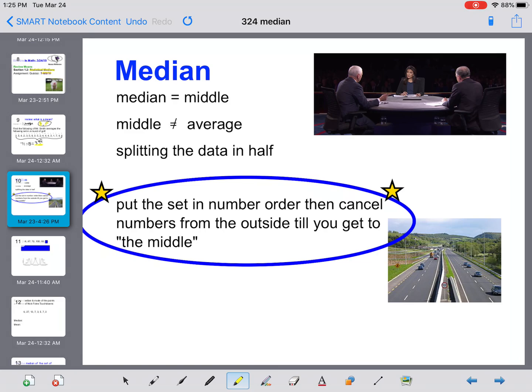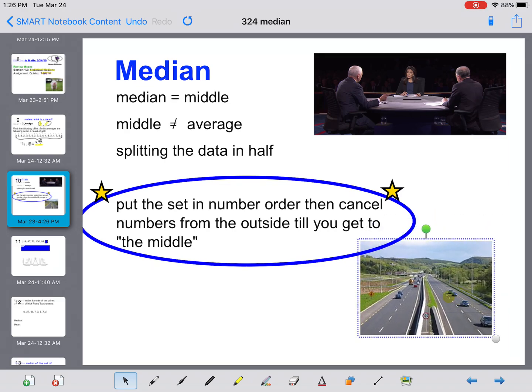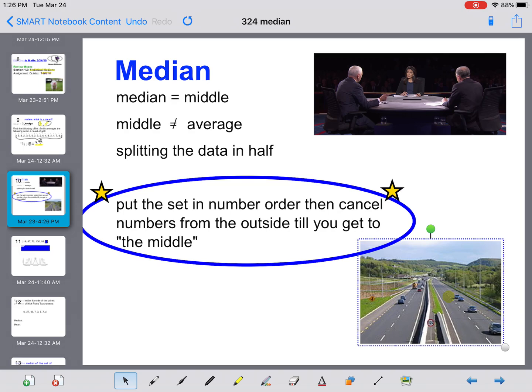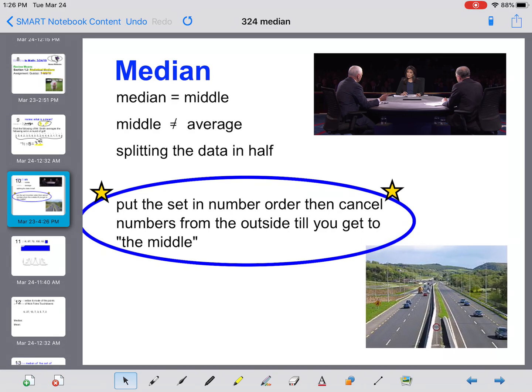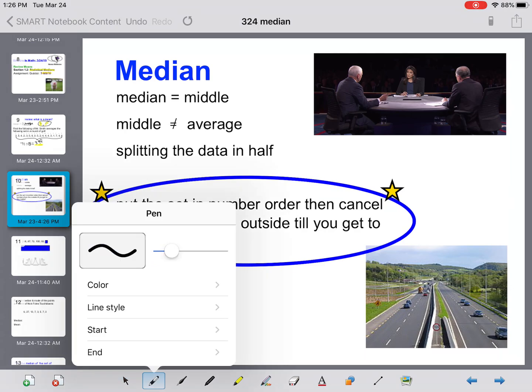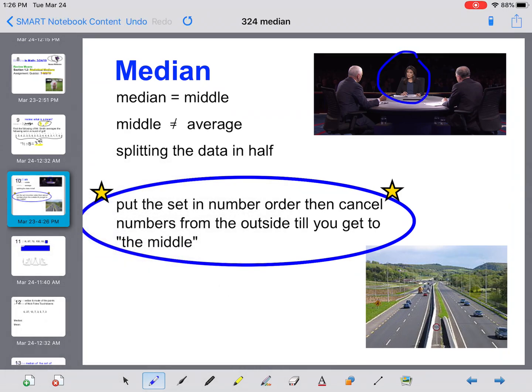So now looking at a median, all that a median is, is the middle. So, for example, do we hear the word median in what this person is called? What this person is called in a debate?